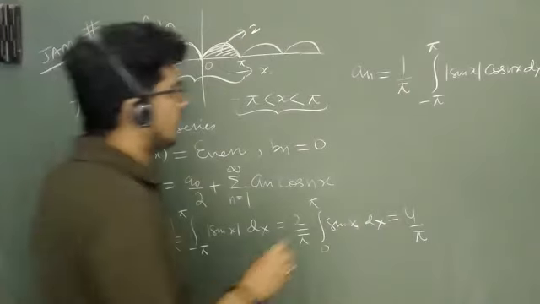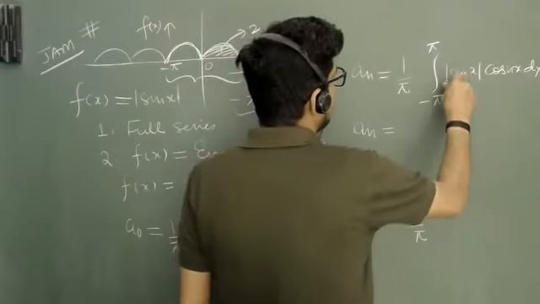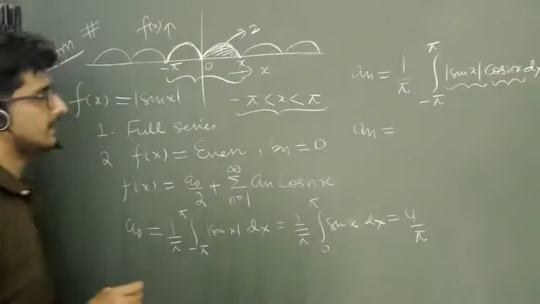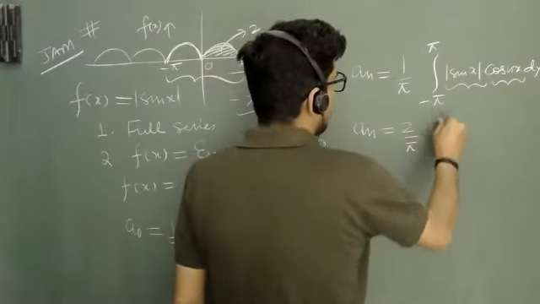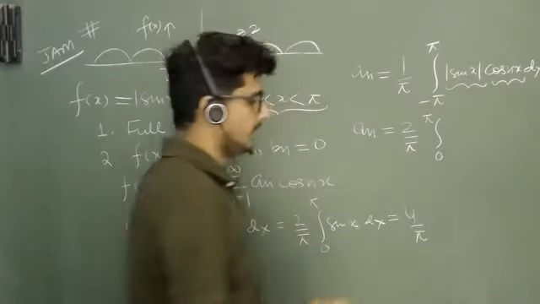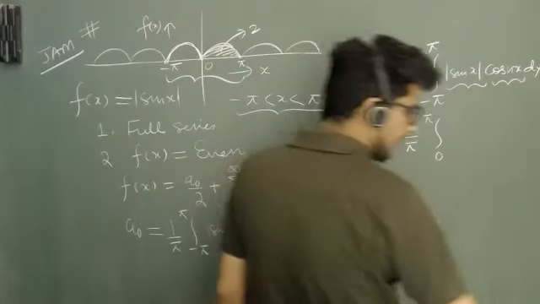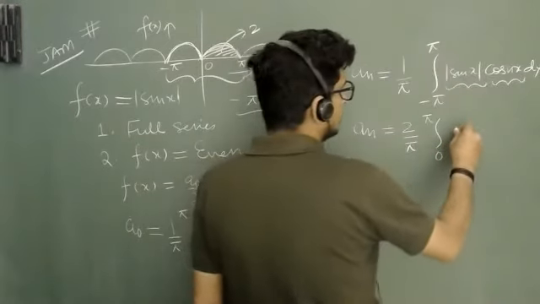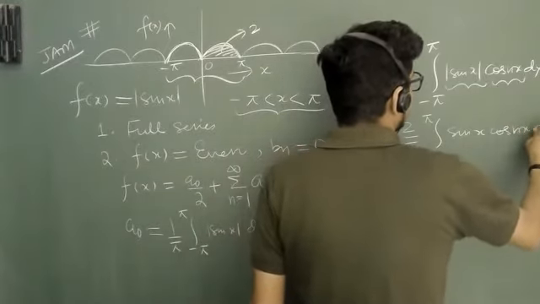So the value of a_n will become, because this is also an even function and this is also an even function, and even into even will become even, 2 by pi integral 0 to pi, and what will it become? Tell me. Sin x cos nx. Sine of x cos of nx dx.